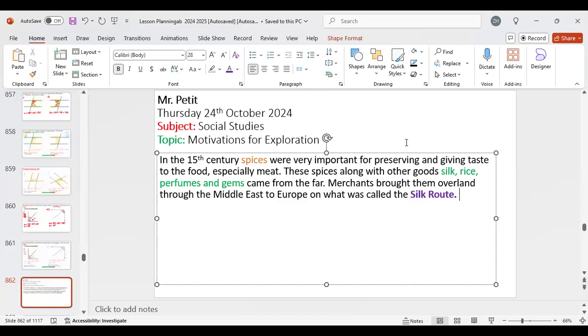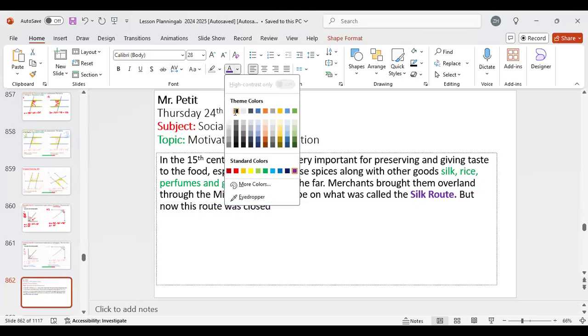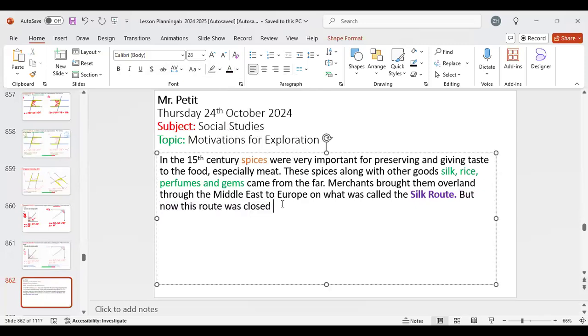But the route was closed. The same route that made it available for us to have our rice and our gems and our spices and our perfumes and all them stuff.